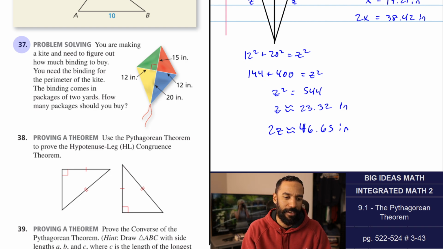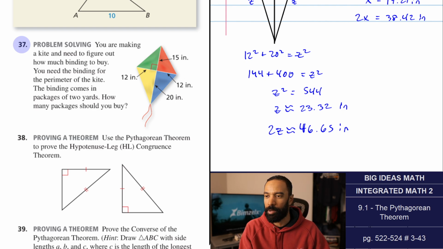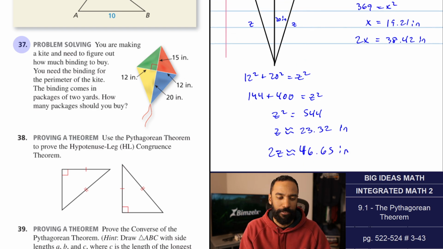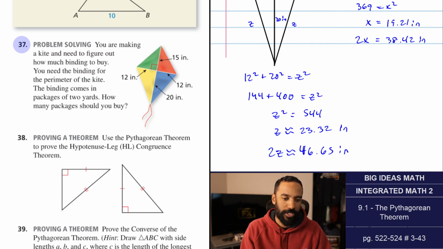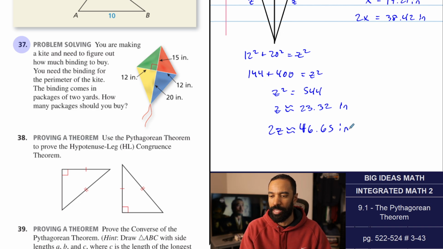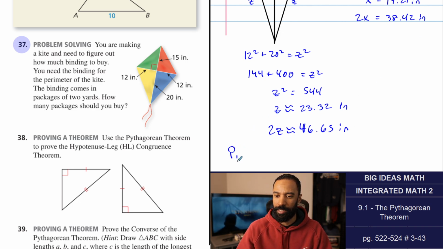So I want to make sure that I have that. That's why I wanted to keep these as their actual numbers. So I'm going to try that for the other one, 2 times the square root of 369. And in total, adding them up, the perimeter of this kite is around 85.07 inches.